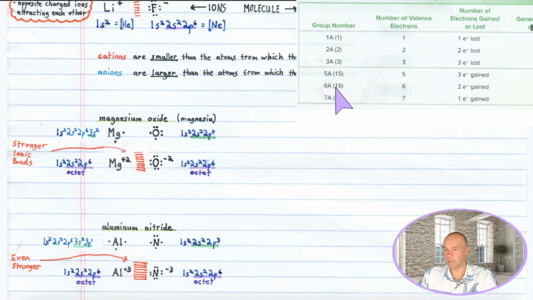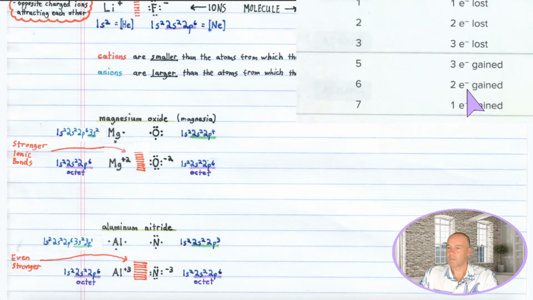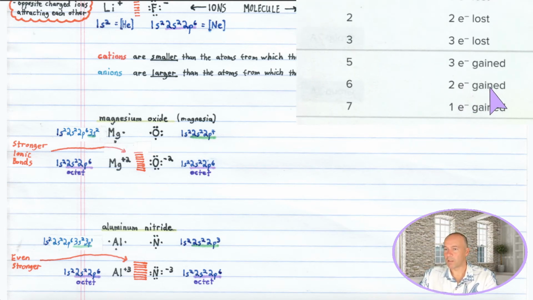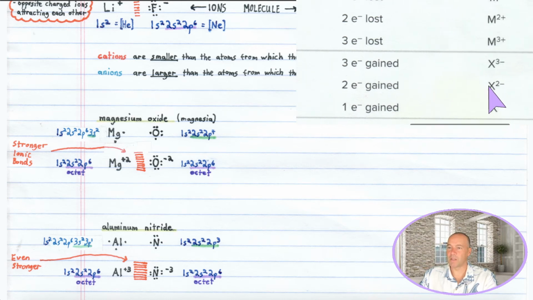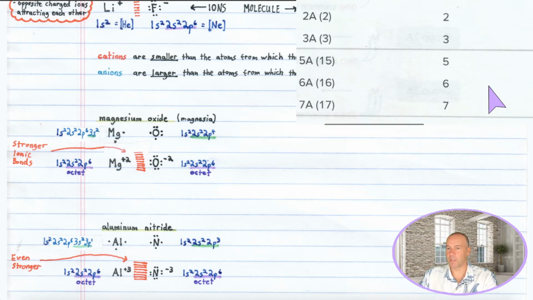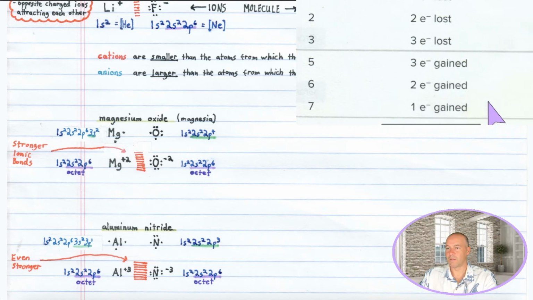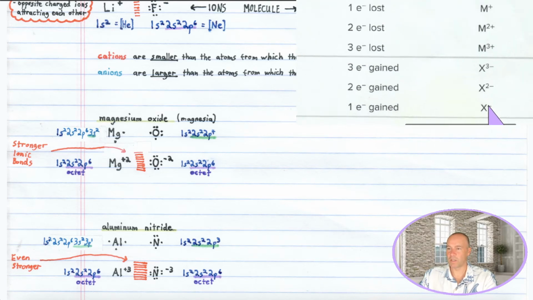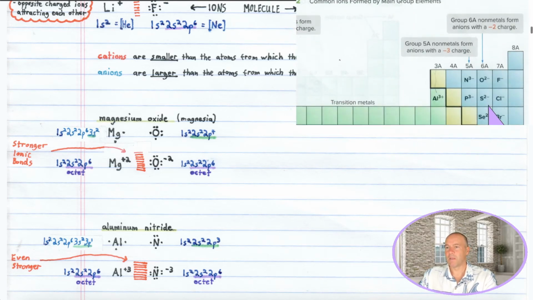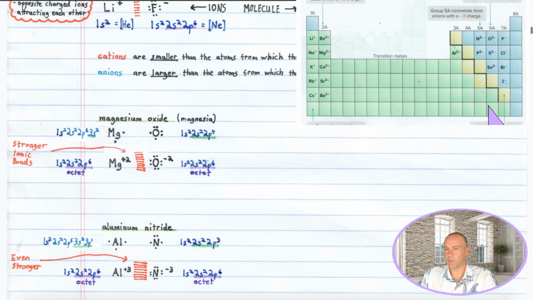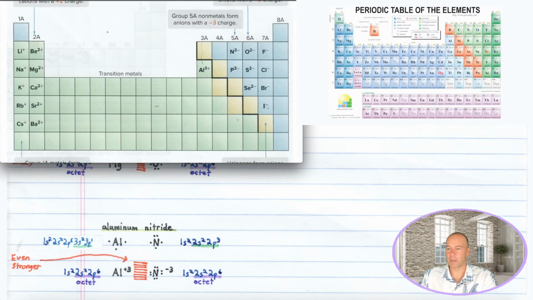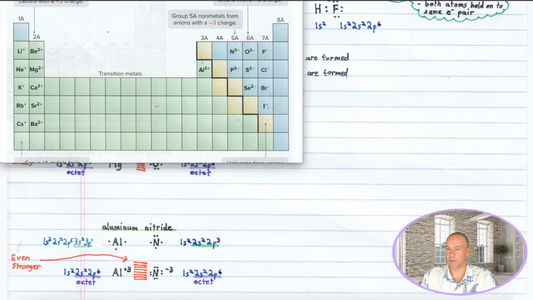And the elements in group 6A gain 2 electrons to get the octet and they become -2 charged ions, and those in group 7A become -1 charged ions. And maybe you can see the pattern a little bit more clearly with this periodic table here. And I'll bring this over and kind of blow it up for you so we can get a better look at it.